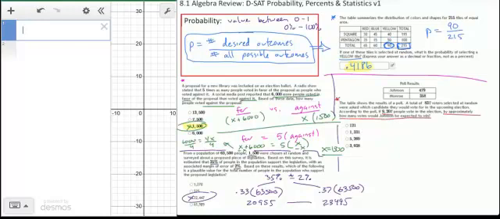Okay, so the first thing would be the probability of voting for Johnson. The probability of voting for Johnson is going to be 479 out of those 837. So if I take 479 out of 837, that's basically a 57% chance that the vote will go to Johnson.